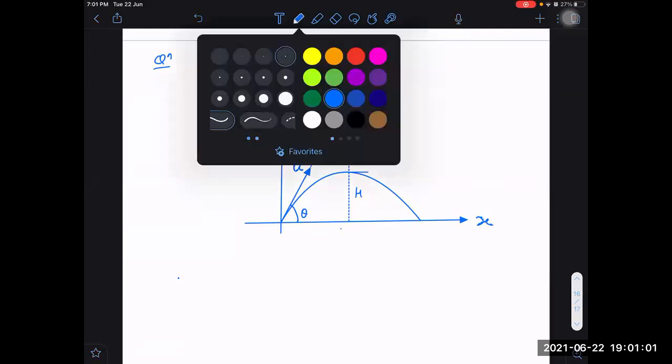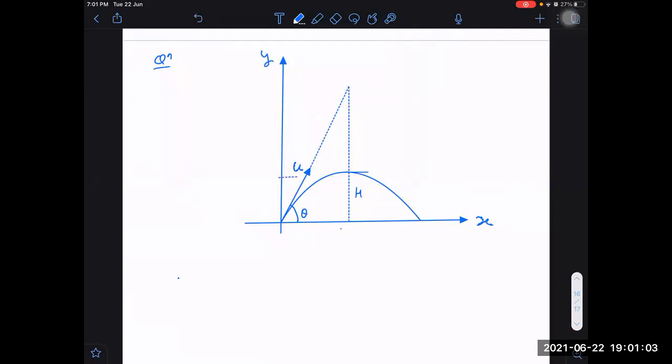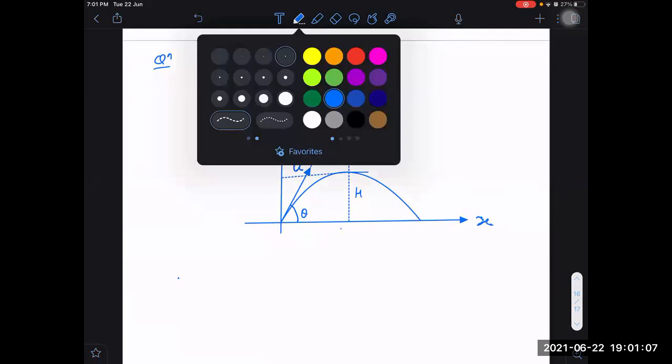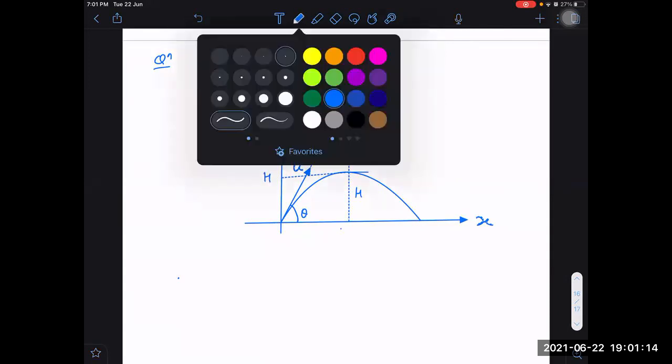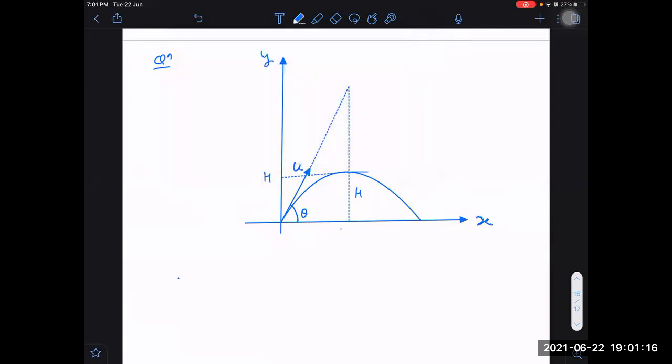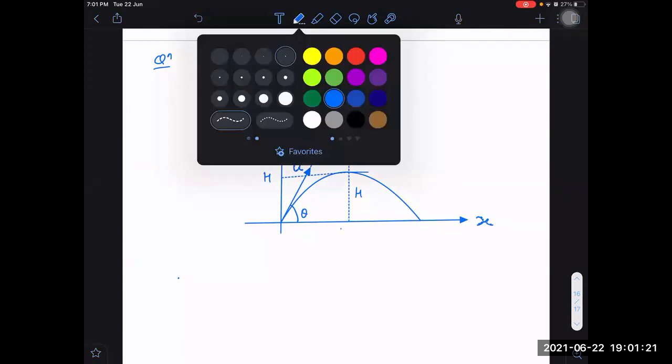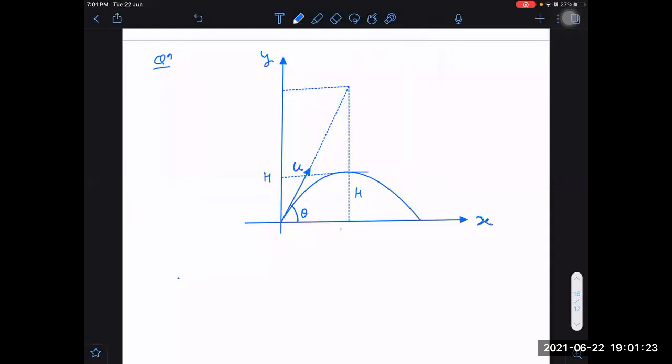My question is, what would be the distance covered along the y-axis in the same time? U square sin square theta by 4, sir.